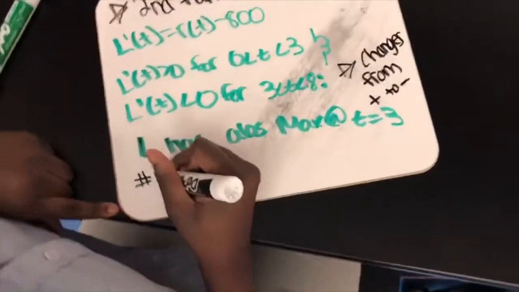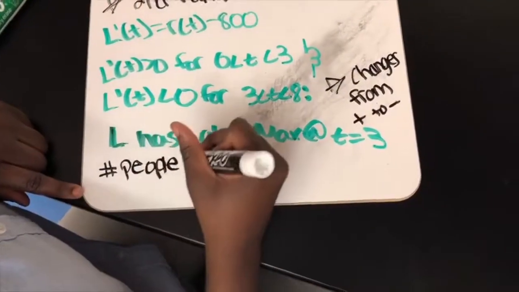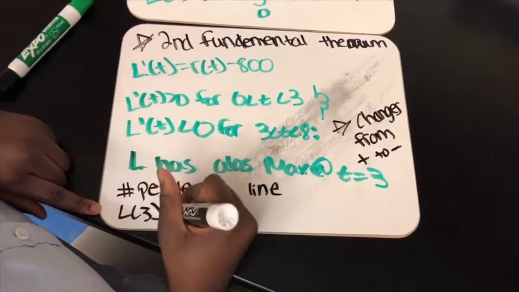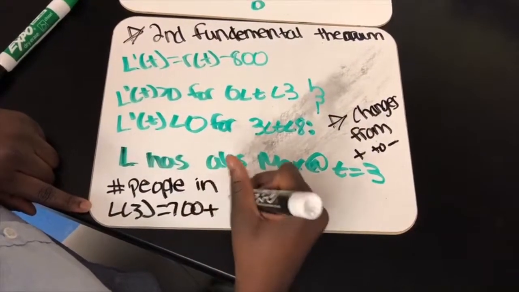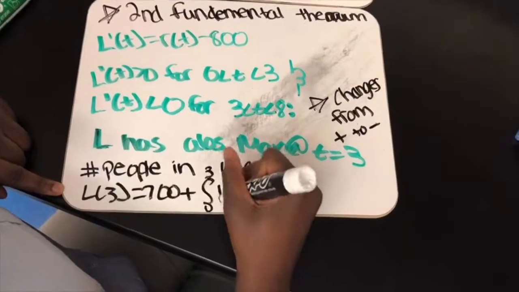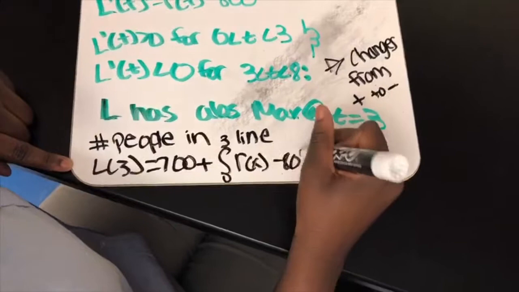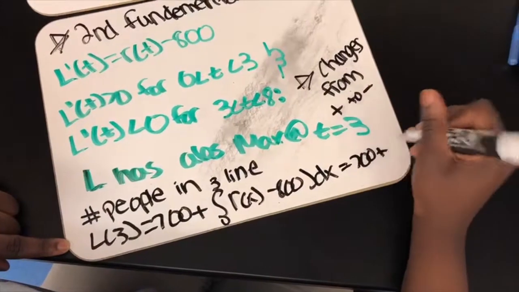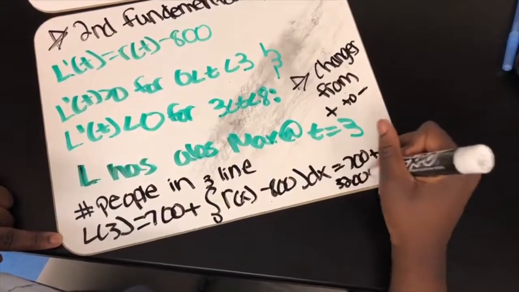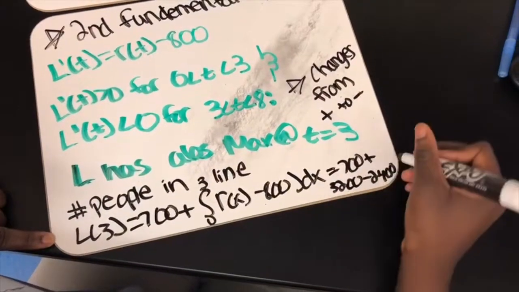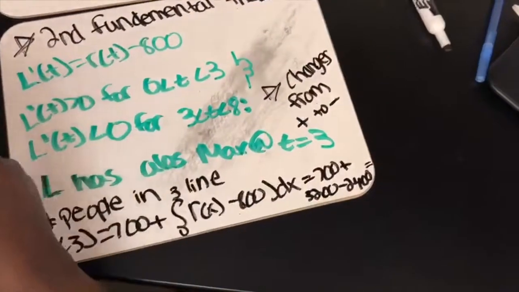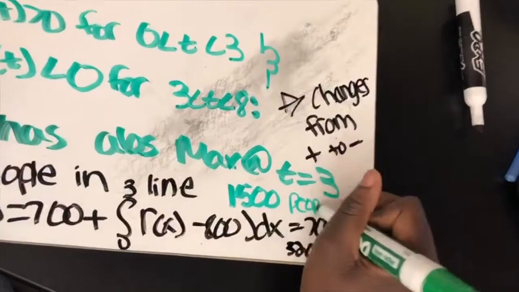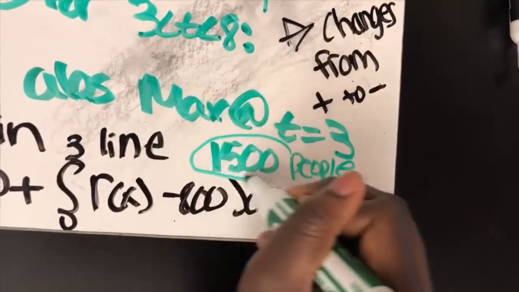The number of people in line at L of 3 is equal to 700 plus the integral from 0 to 3 of (R of x minus 800) dx, which is equal to 700 plus 3,200 minus 2,400, because I'm using the numbers from the graph, so please don't forget to always refer to your graph. The question asks how many people are in line at that time, and it's 1,500 people in line when the line for the ride is the longest.